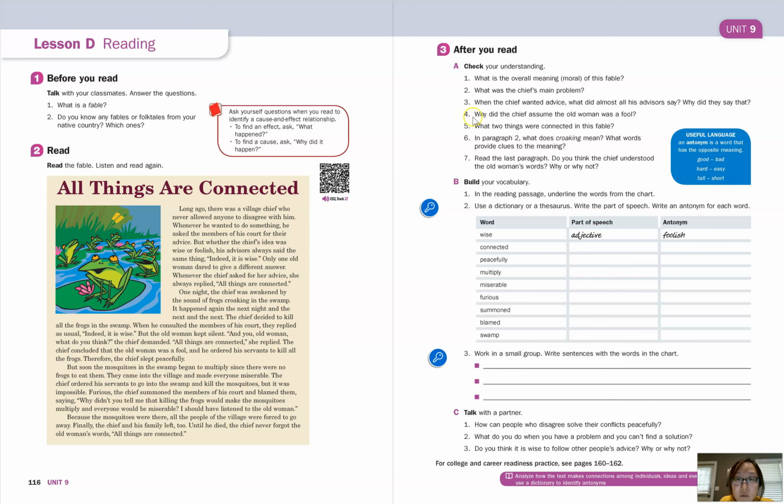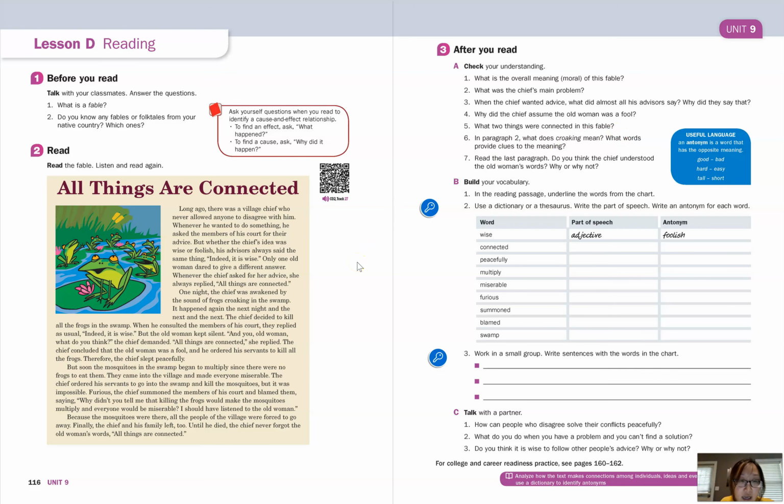Number 4. Why did the chief assume the old woman was a fool? We could say that she always replied, all things are connected. Or the chief assumed the old woman was a fool because she always replied with the same thing, or with the same answer. Number 5. What 2 things were connected in this fable?